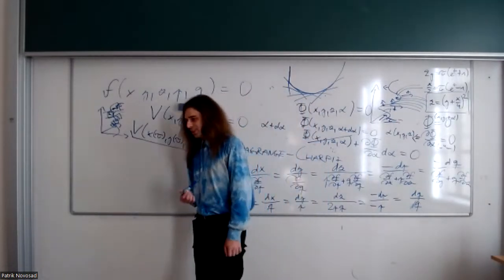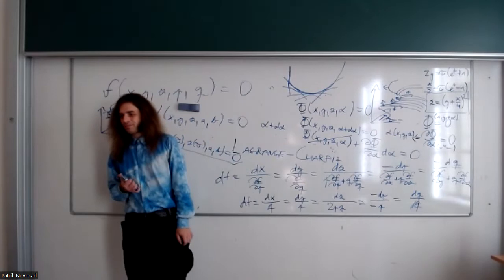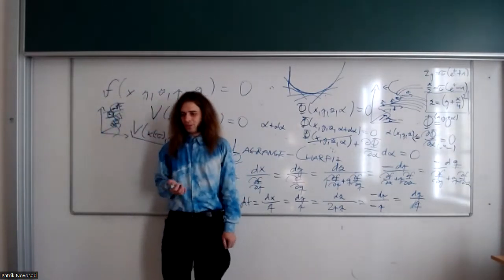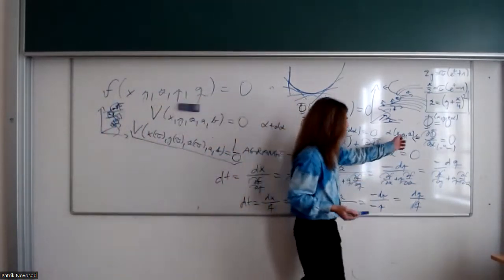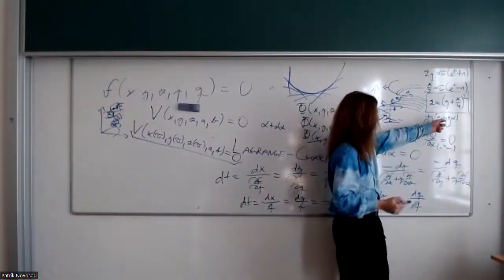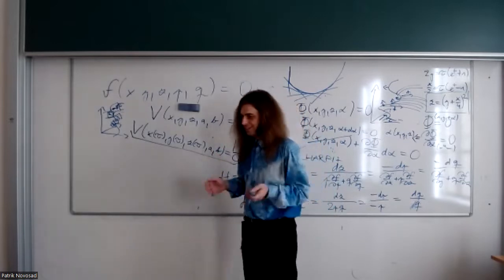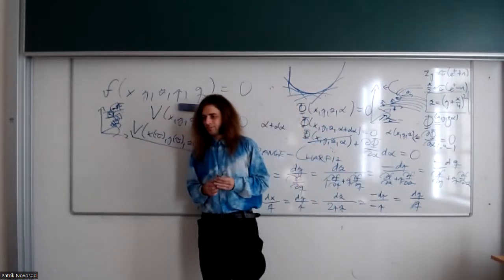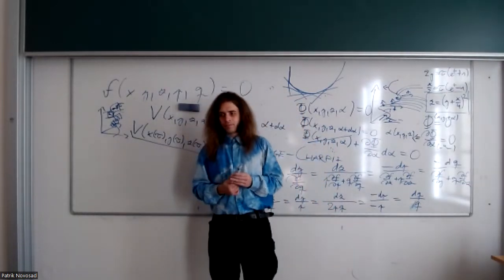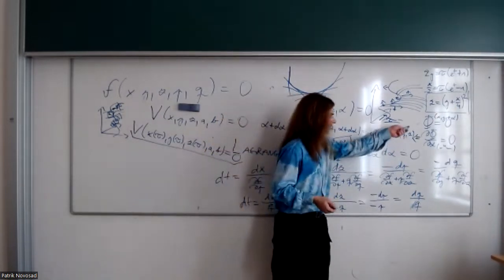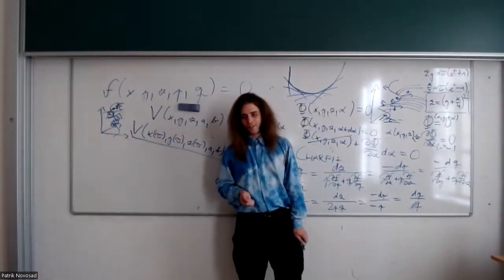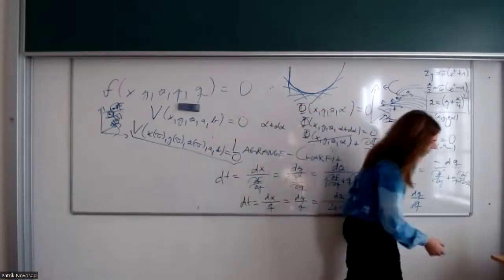So that's a very weak condition, right? And as soon as I'm able to do that, I'm able to plug this alpha into here and obtain an equation for that surface. Essentially, this is the use of the inverse function theorem, or the implicit function theorem rather.